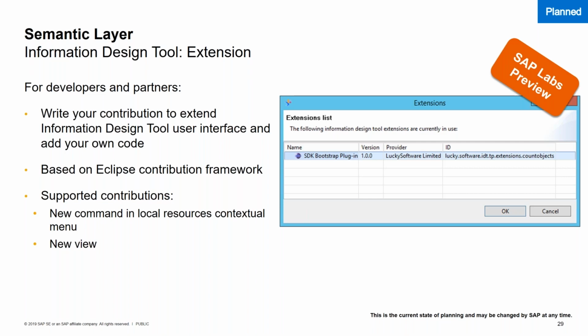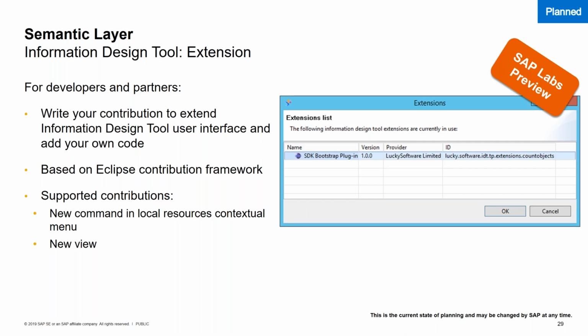The first one is that you can add new commands, new functions in the contextual menu for resources located in the local project view, such as data foundations, business layers and connections. Every time you right-click on them, you can add a new command, a new feature in the contextual menu.